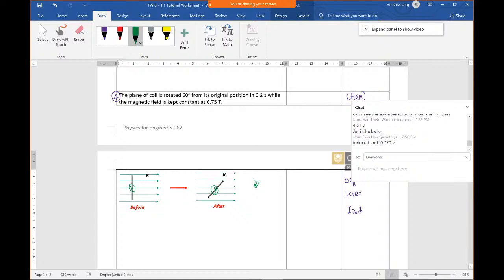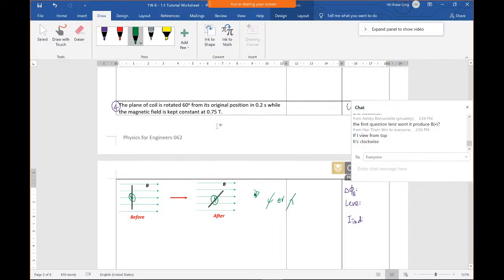Okay, your 0.77. Very good, correct. Clockwise. View from top is clockwise, but how? Is it going like this or like this?